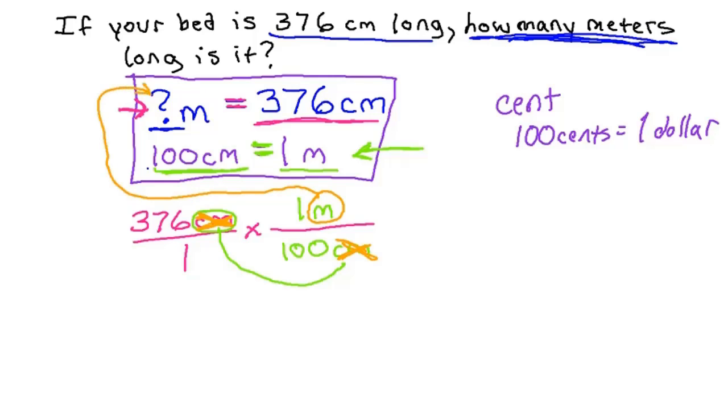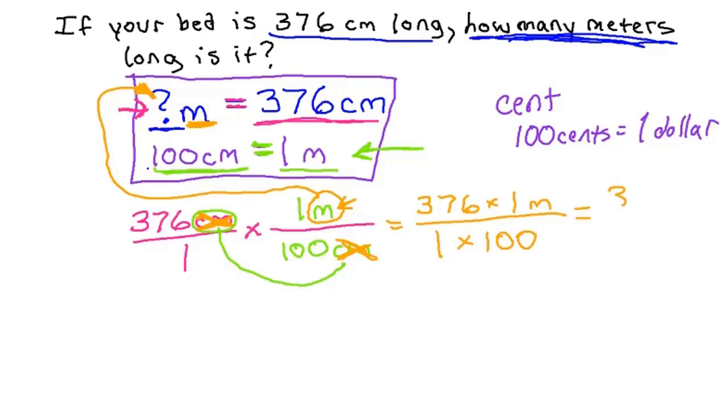The question mark meters? Yes, it is. So we know we've set this up correctly because this unit of measurement that's left should be the same unit of measurement in our question mark up in the data table. So now we can just go ahead and multiply across. We have 376 times 1 meter over 1 times 100.